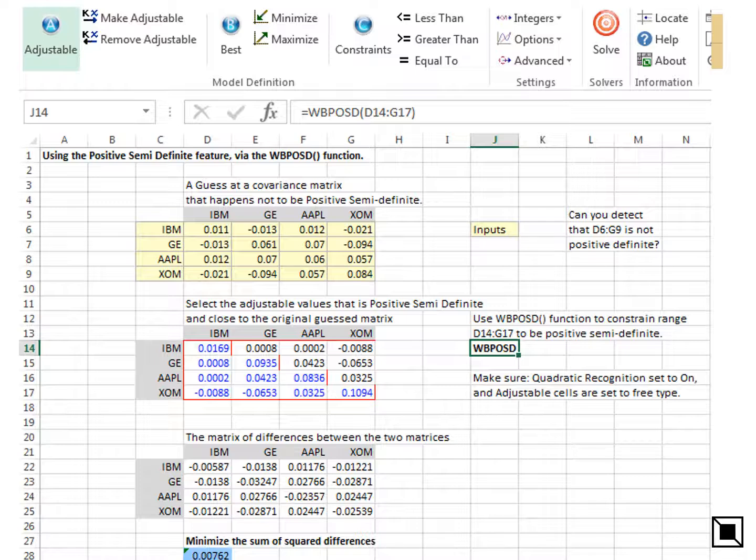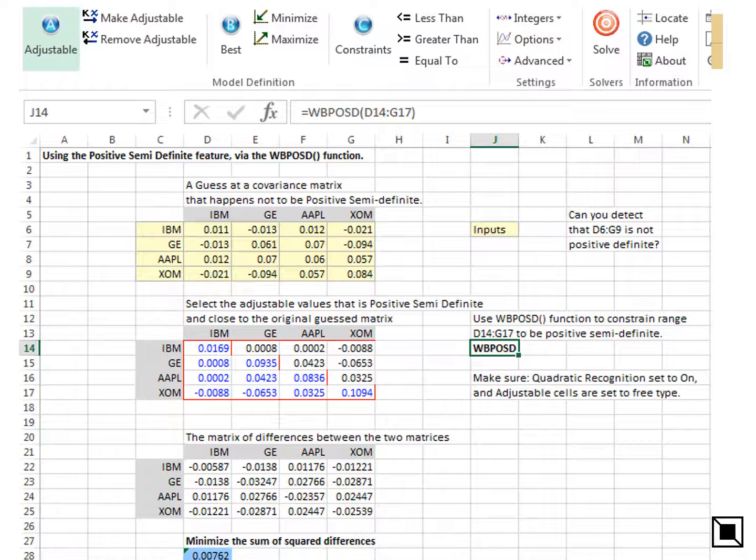So we'll come up with a new matrix for which the sum of squared differences between all of the original values and my new matrix is as small as possible, subject to the constraint that the new matrix is positive definite. That way, if I try to compute portfolio variances with it, they'd come out right, and if you try to solve an optimization problem with this covariance matrix, you won't get a message saying we cannot solve this problem because the matrix is not positive definite.